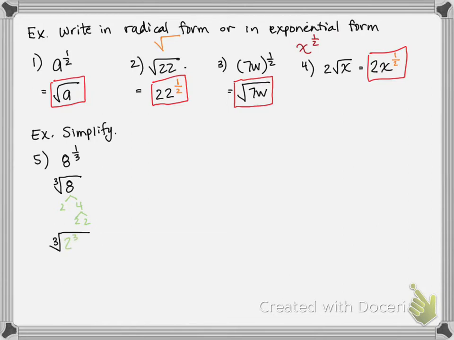Okay, so now if I change this from radical back to exponential form, the radicand is 2. It had an exponent of 3, and it's going to be over the index of 3. And 3 divided by 3 is 1, so I end up just with the answer of 2.